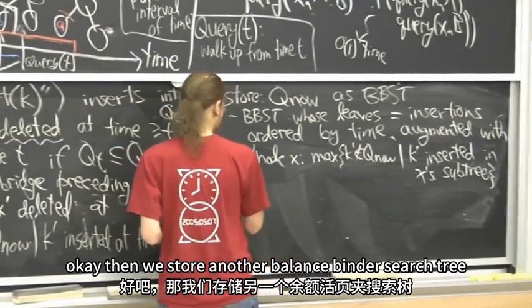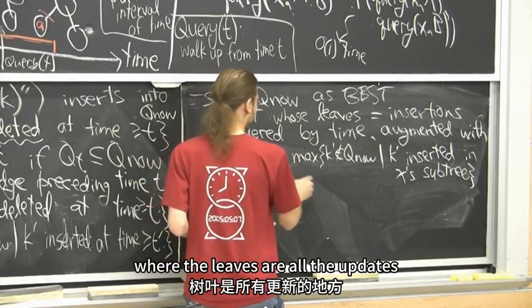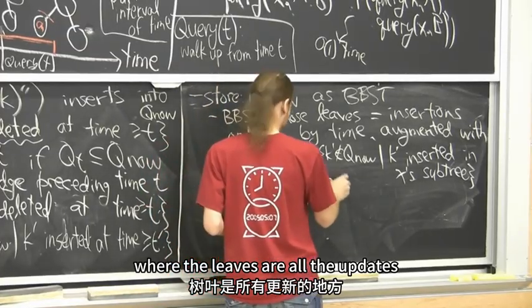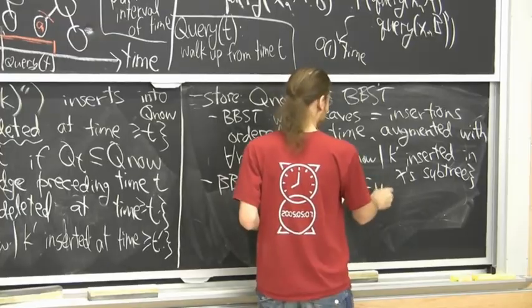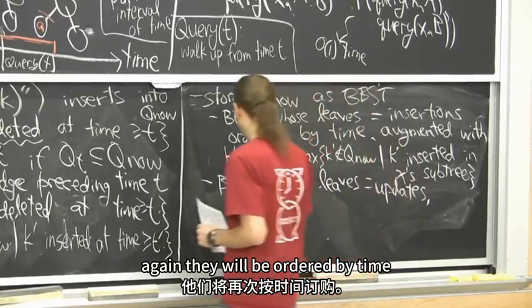Okay, then we store another balanced binary search tree where the leaves are all the updates. Again, they will be ordered by time.